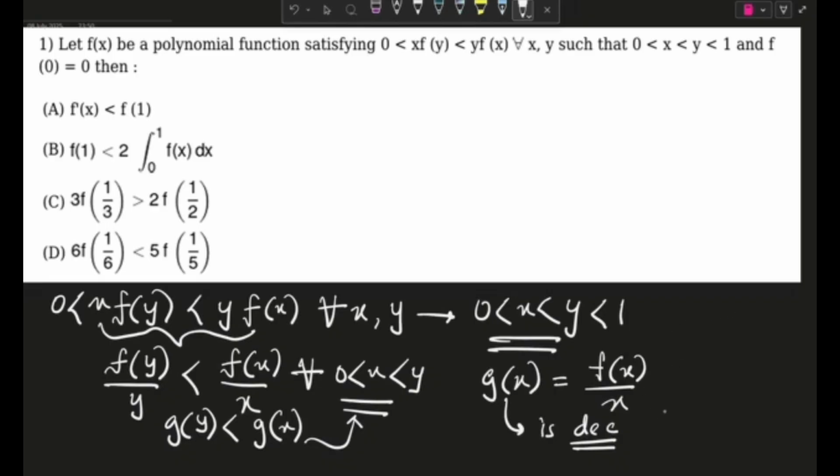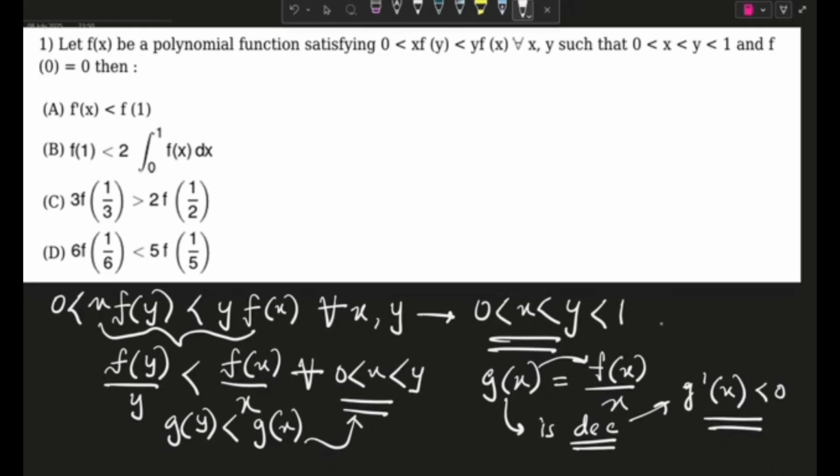From decreasing, what we can infer is that g'(x) will obviously be less than 0, because that is how we come to the conclusion that a function g(x) is decreasing. We know that g(x) is f(x)/x, so let's try differentiating this.